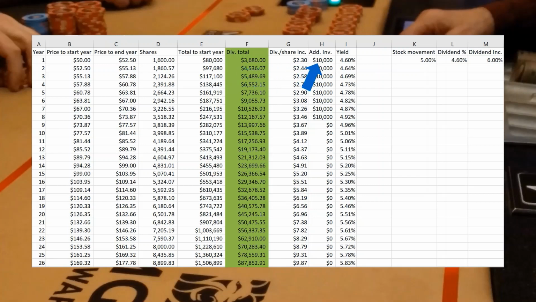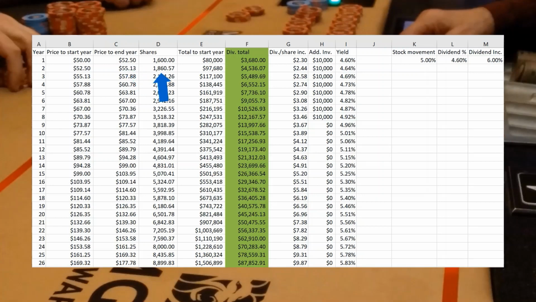And in this example, I have myself putting in $10,000 each year for the first 8. So this $10,000 from myself plus the $3,680 from the dividend payments is $13,680. The price of the stock at the end of the year is $52.50. That means I can purchase an additional 260 shares with the dividend payments and with my own money.